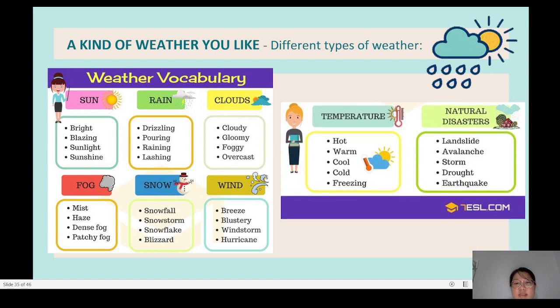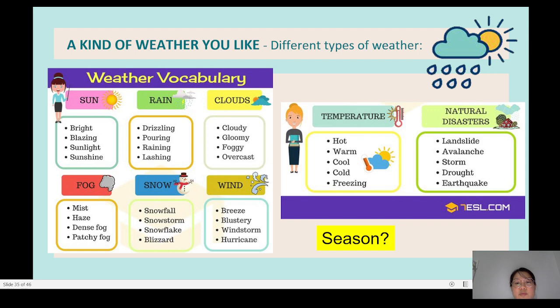And then there are different types of weather that you should pay more attention to. Here are some topic vocabularies that I want to show you, and you should collect some of these to remember, and you can apply them to your test.